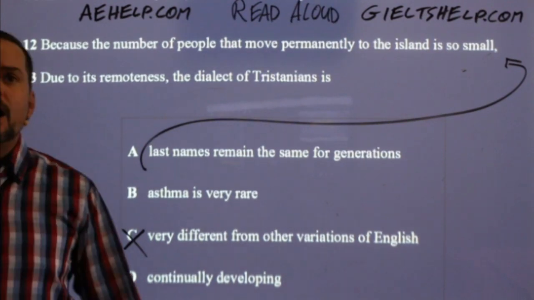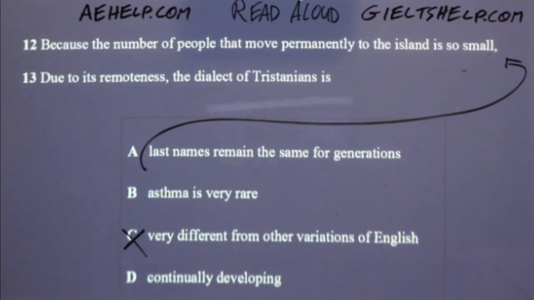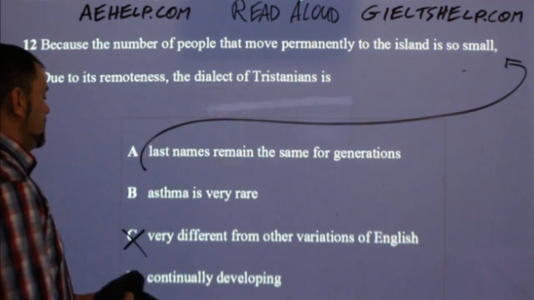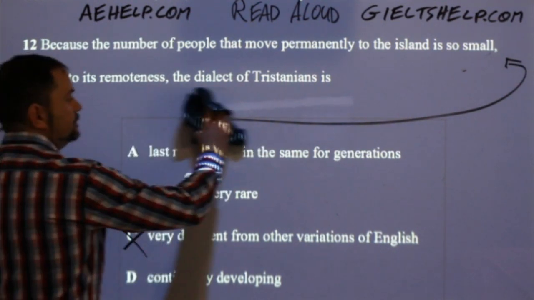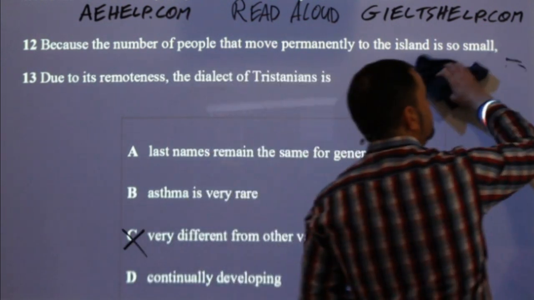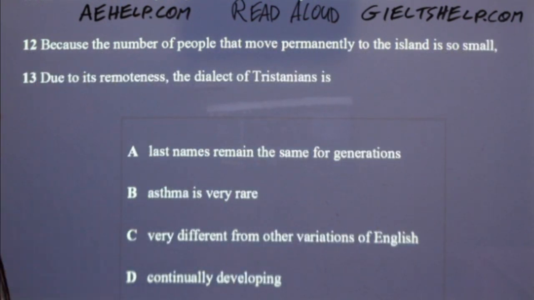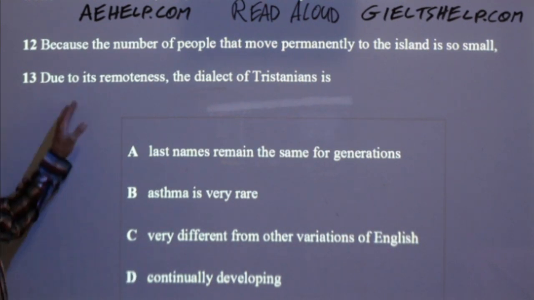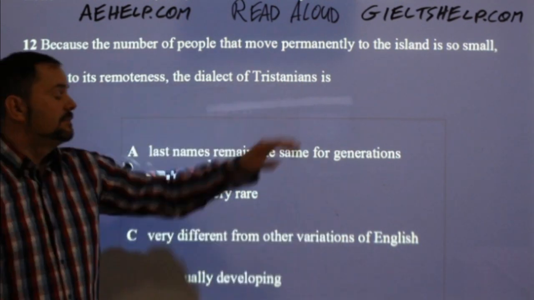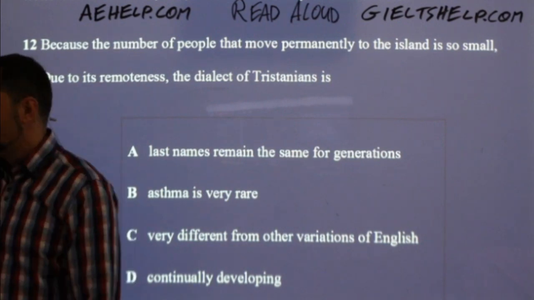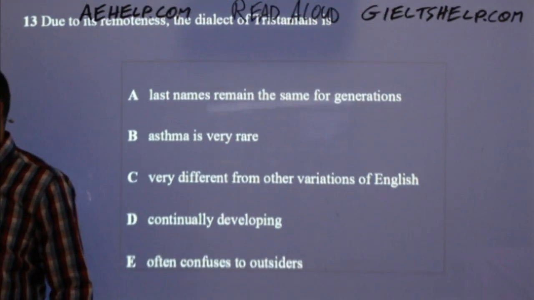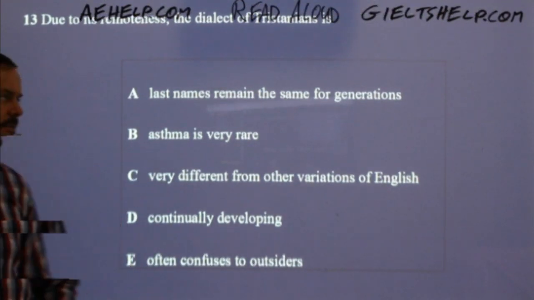All right, number 13. Due to its remoteness, the dialect of Tristanians is... asthma is very rare. That doesn't make sense. Due to its remoteness, the dialect of Tristanians is continually developing. That grammar is correct, but the information is wrong.